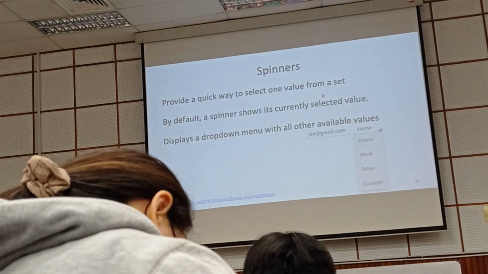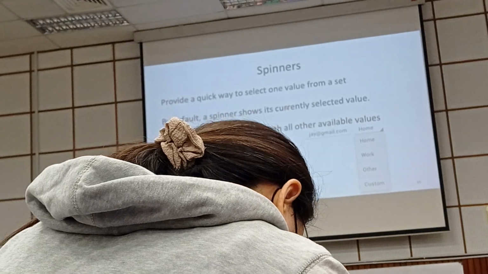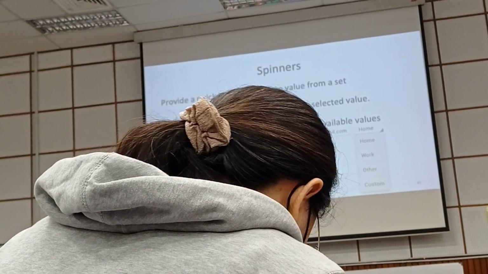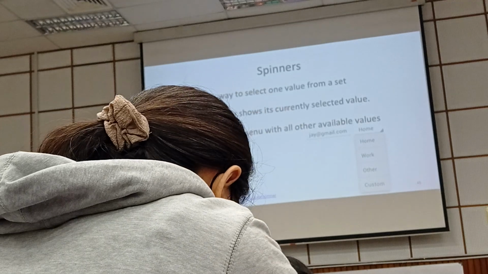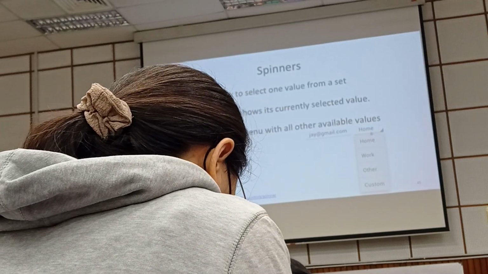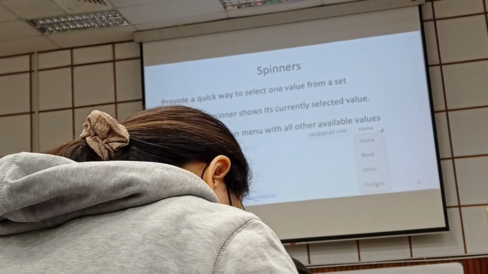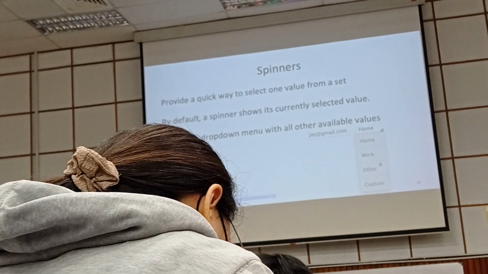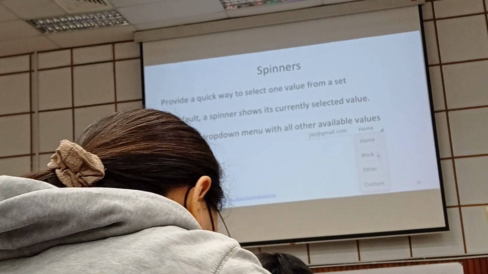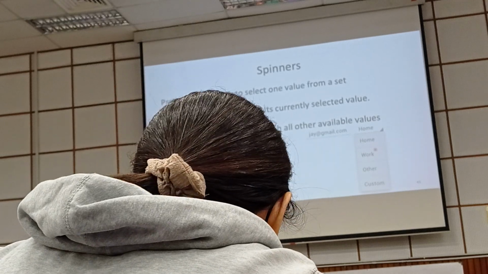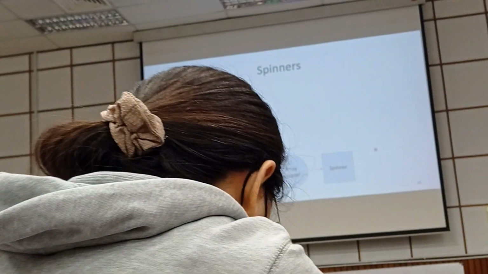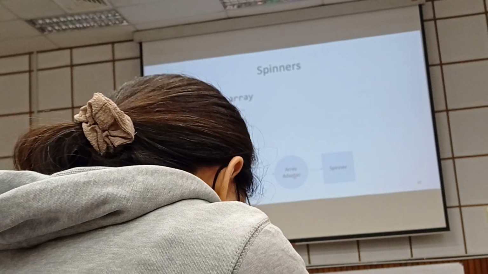The next one is spinner. Spinner is, in other applications, maybe you call it a drop-down list. What it does is it provides you a collection of items and you choose from the available list. Okay, that's it. Similar to the ListView, a spinner requires an adapter to feed it with data. So we have an ArrayAdapter in between.